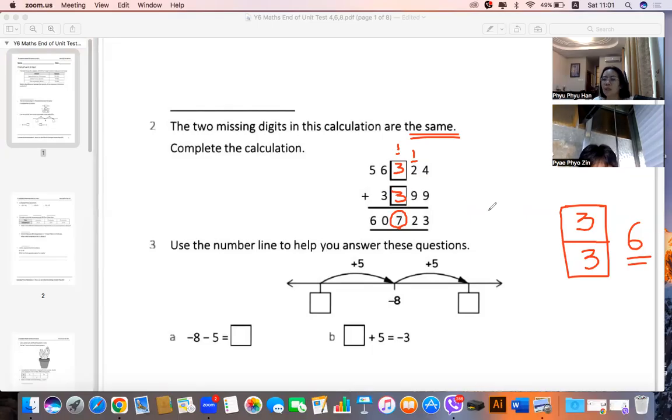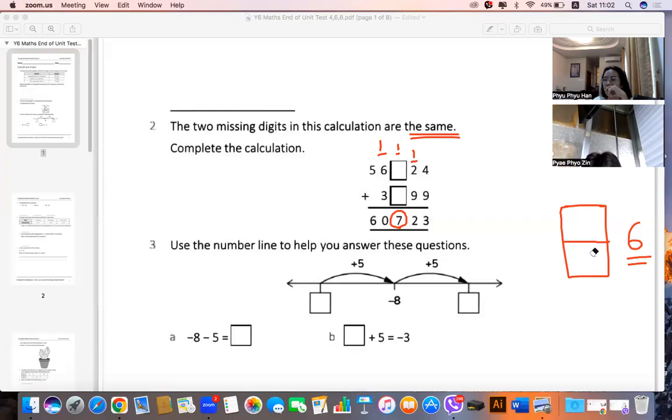Correct. But wait, we have others also. We are not correct yet. You know why? Because you see, 6 plus 3. So 4, I must put 1 here also. So this one is not correct yet.